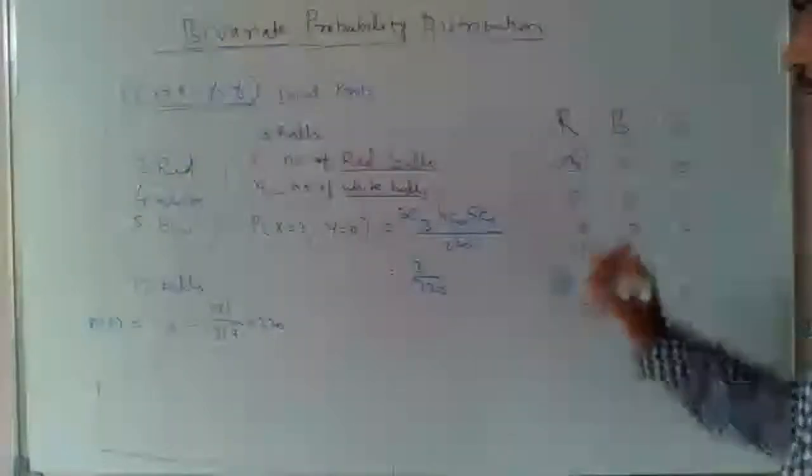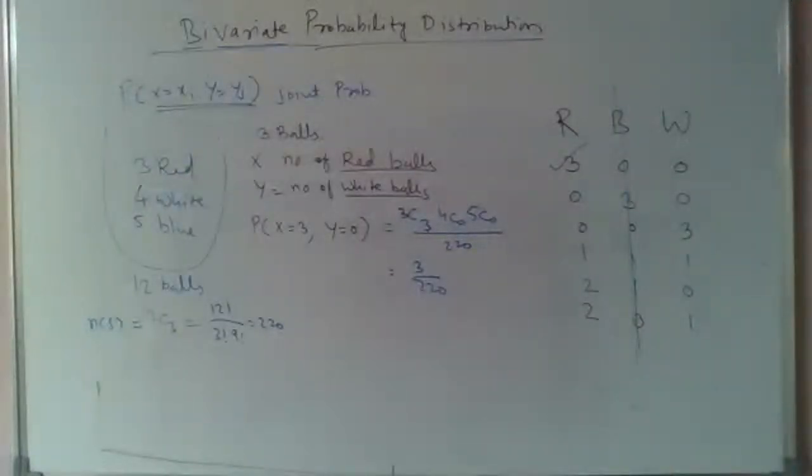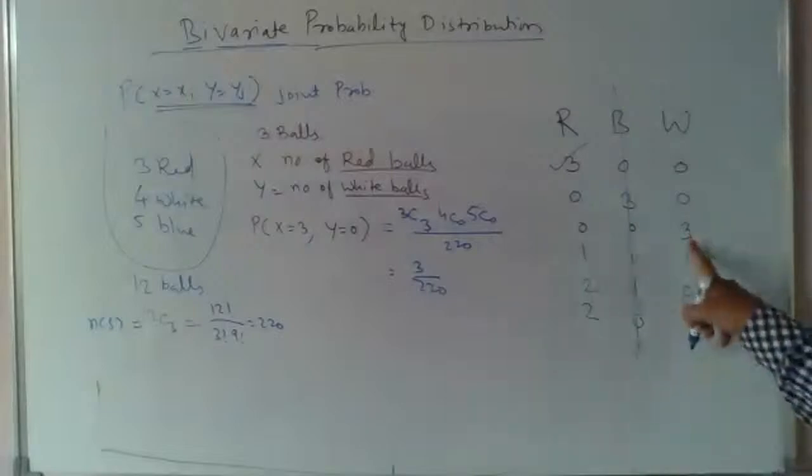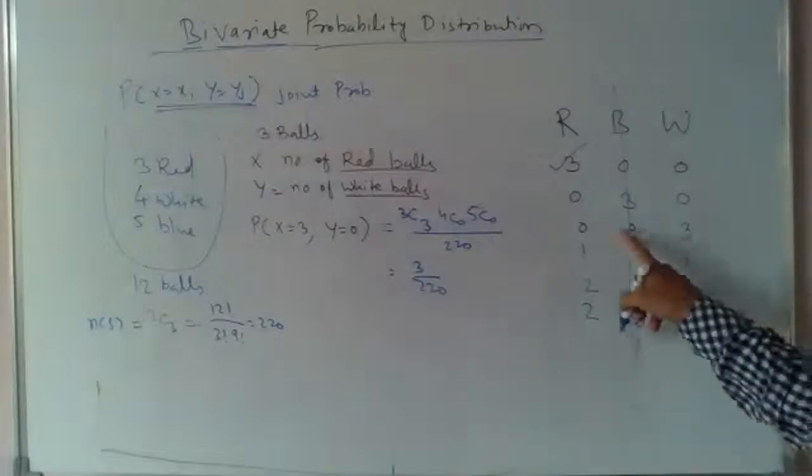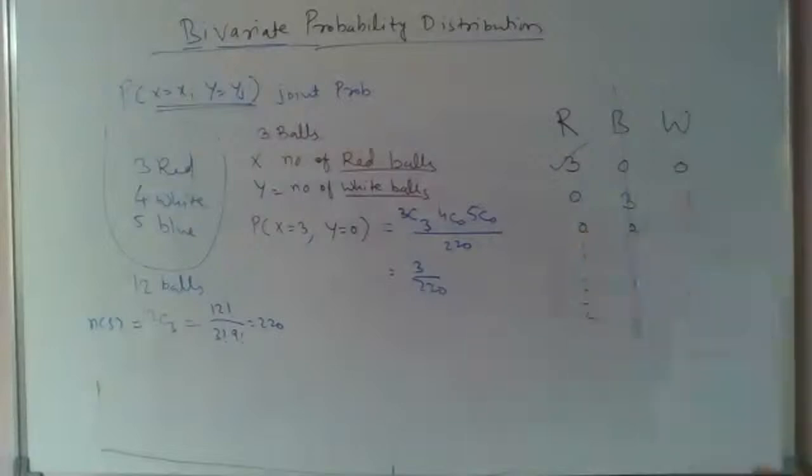As a combination I have written the first one only. What is the probability that three white balls are chosen, with zero red balls and zero blue balls?